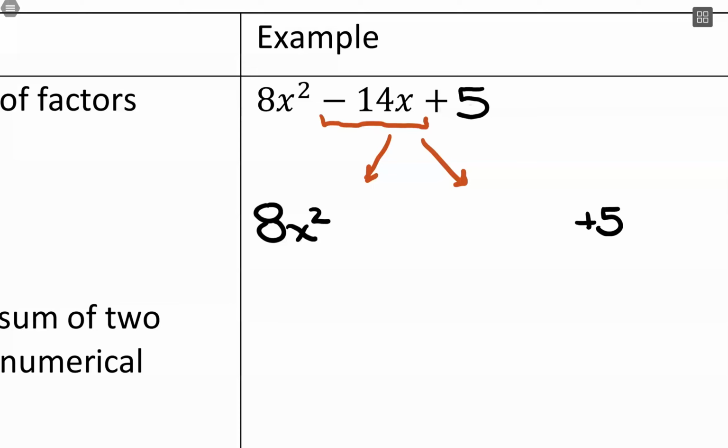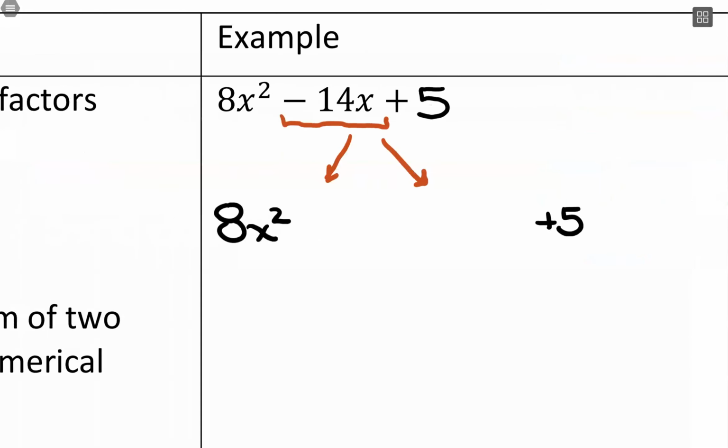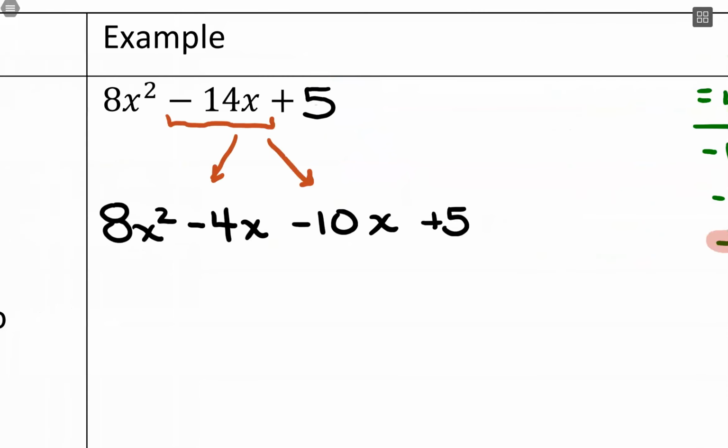What I'm going to do is change this middle term, and use that -4 and -10. So how I'm going to do this is I'm going to have -4 times x and -10 times x. So again, that first term stayed the same, last term stayed the same, but this -14x I split into two, where I use the numerical coefficients of the factors, so the -4 and -10, and split into two.